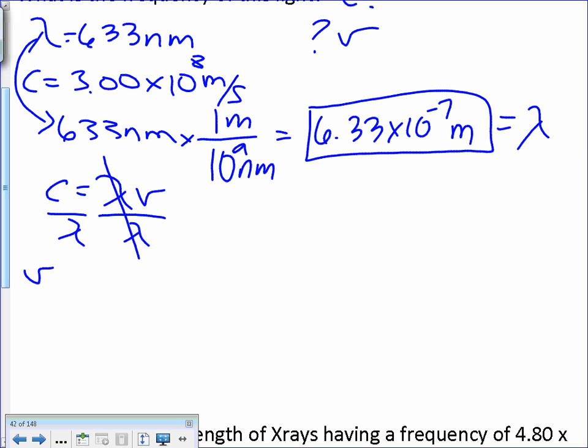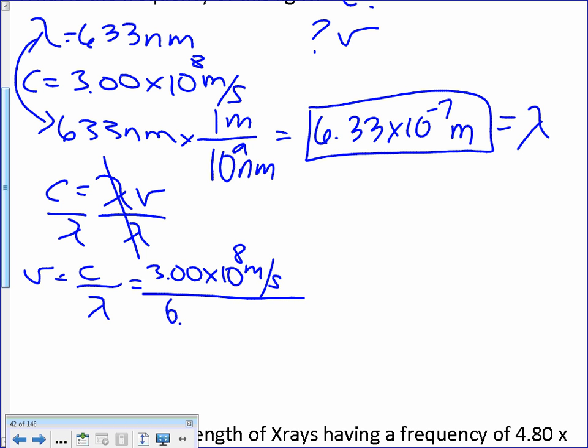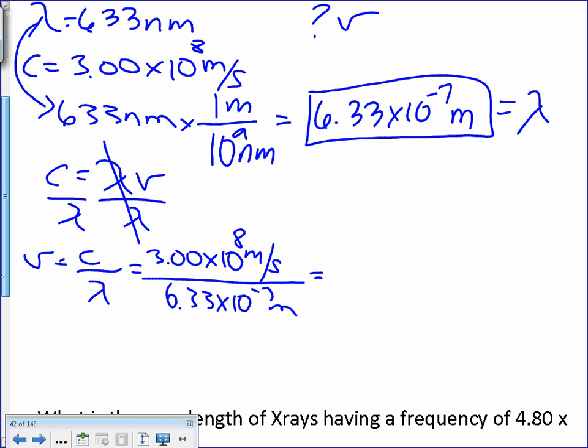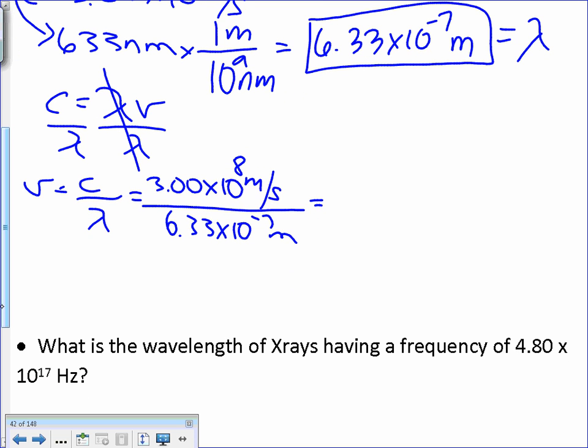So then V for frequency is equal to C over lambda, which is 3.00 times 10 to the 8 meters per second, over the 6.33 times 10 to the negative 7th meters we just calculated. Calculate in your calculator with appropriate parentheses. I'll make sure you guys are good with that calculator, because some of us on our unit test, which I'll get back at the end of class here, need some help with that calculator.